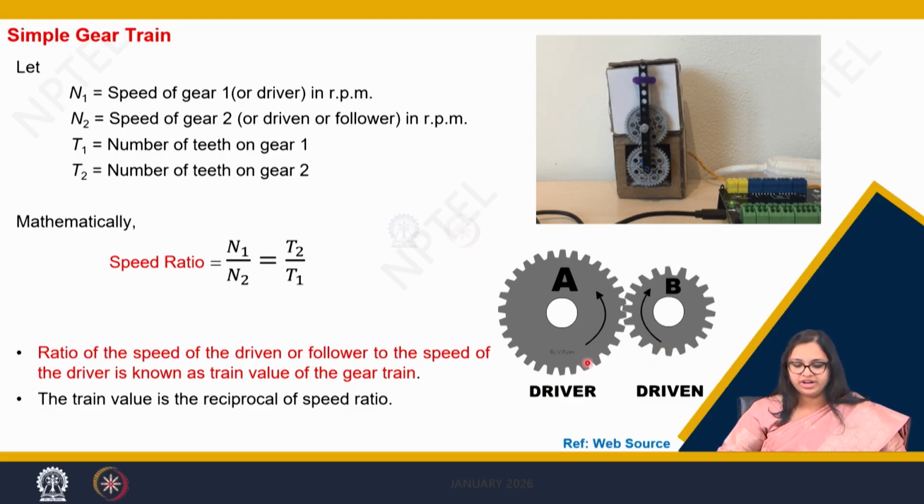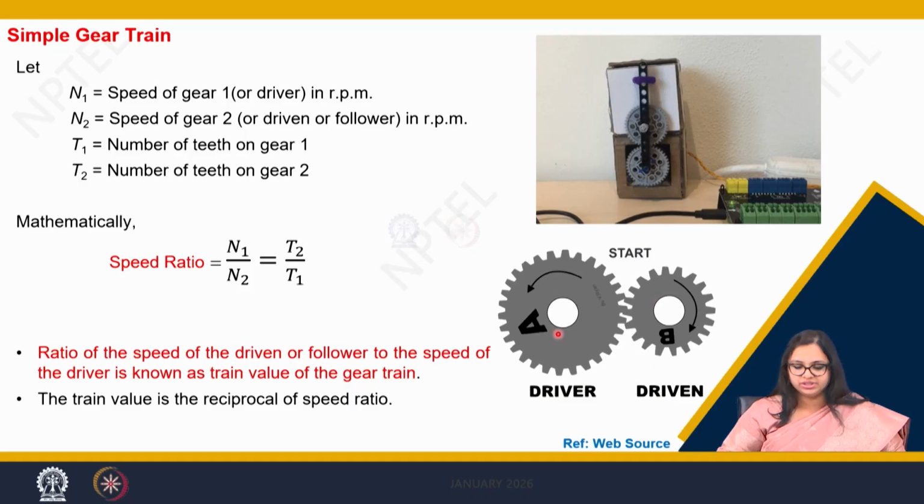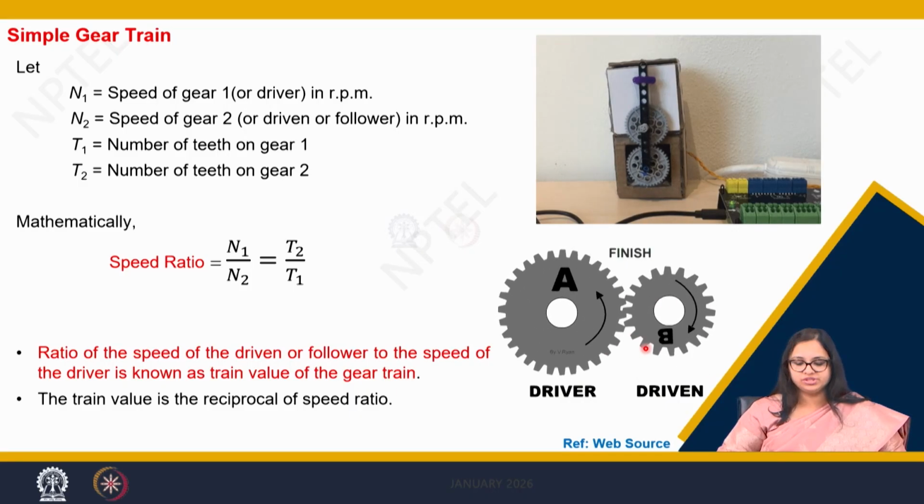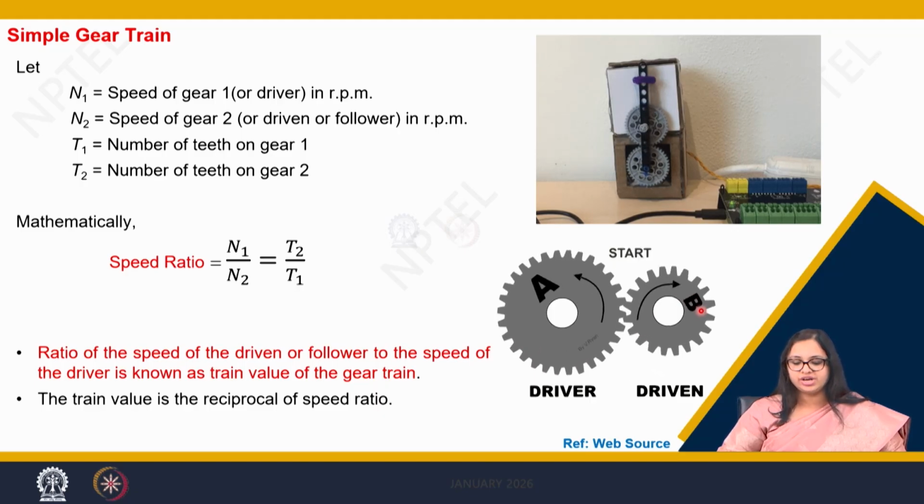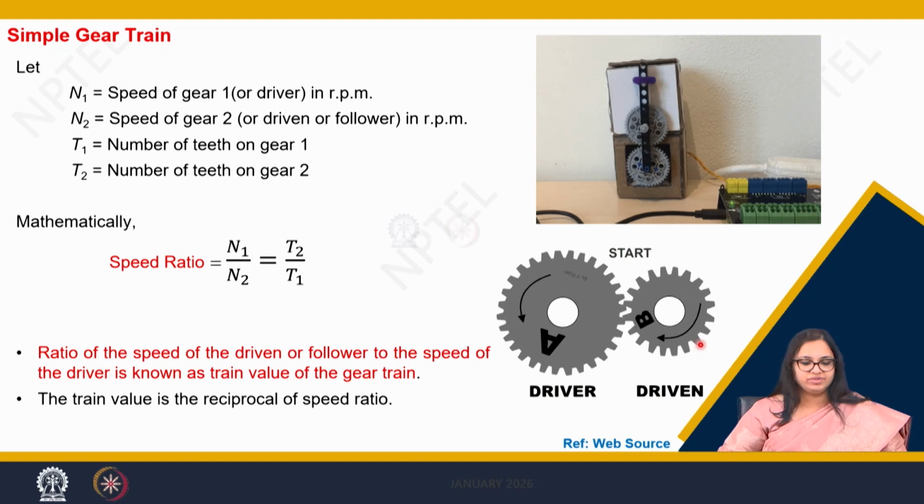However, when we have a driver and driven meshed with gears, the power transmission would happen in the opposite direction. That is, if the shaft A is rotating in anti-clockwise direction, the shaft B would be rotating in clockwise direction.